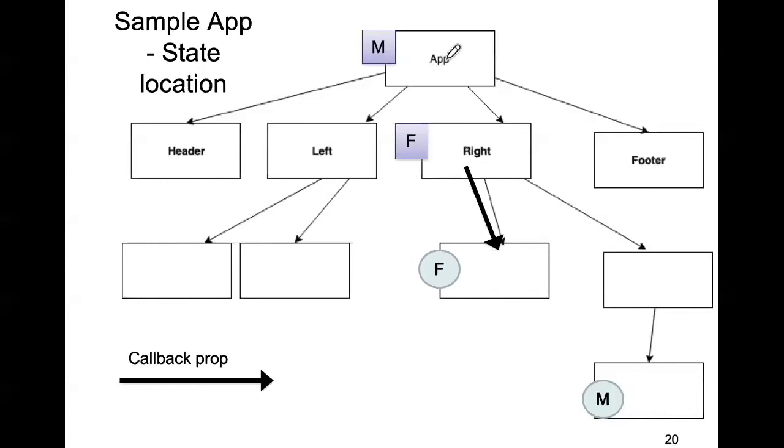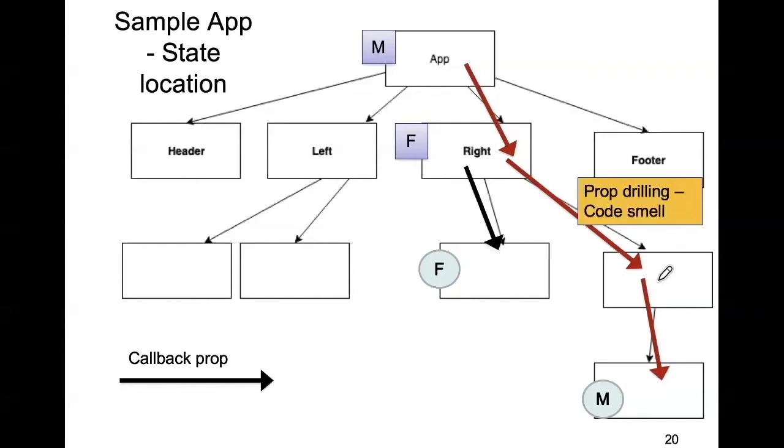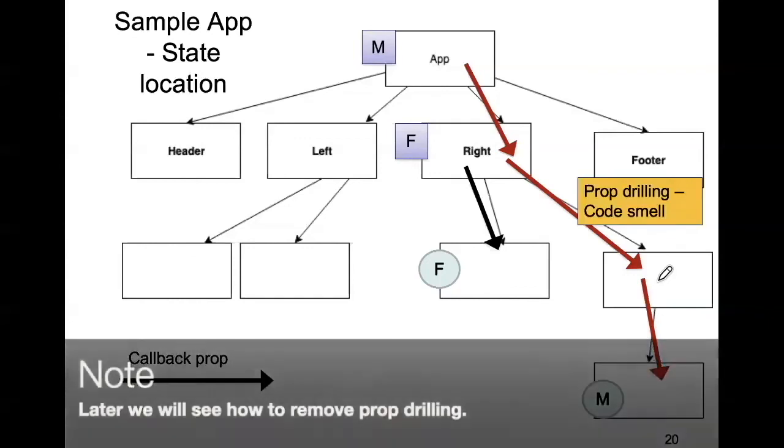So it needs to pass a callback function from this component to this one, to this one, to this one. Now the function that's being passed down here, only this component actually uses it. These intermediate ones don't use it at all. And that is a kind of design flaw. It's referred to as prop drilling.